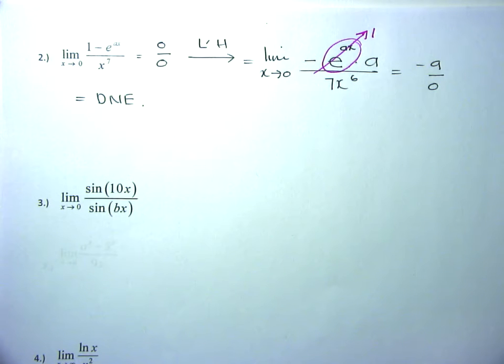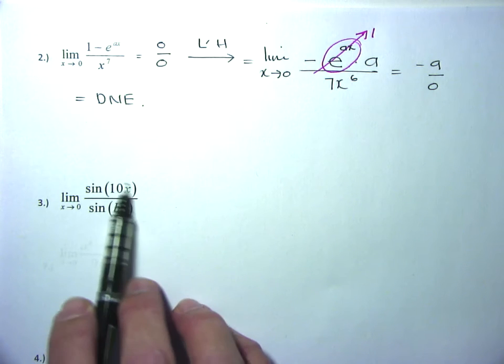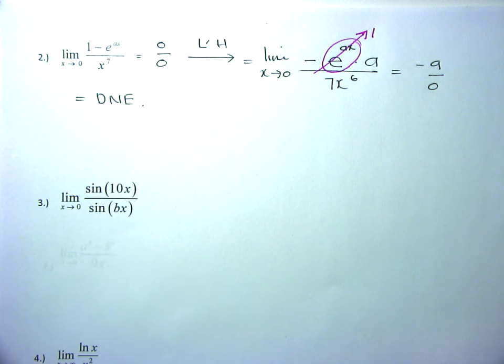All right, problem number 3, we have the limit as x approaches 0 of sine of 10 times x divided by sine of b times x. All right, let's plug in 0. If you plug in 0, sine evaluated at 0 is equal to?